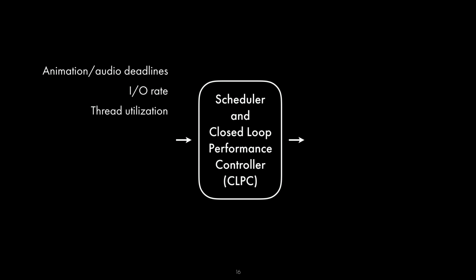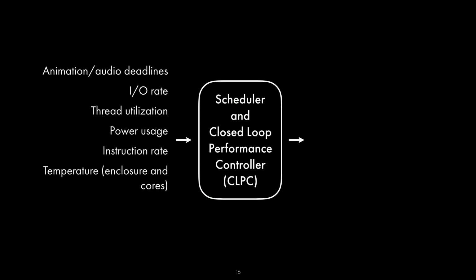So over a given time window, how much time did a thread spend on a core? Power usage, the instruction rate, which is subtly different than utilization. The temperature, apparently not just the die temperature, but the temperature of the enclosure is modeled somehow so that customers don't complain about their hand getting hot. And also the energy that's available from the battery at any given time.